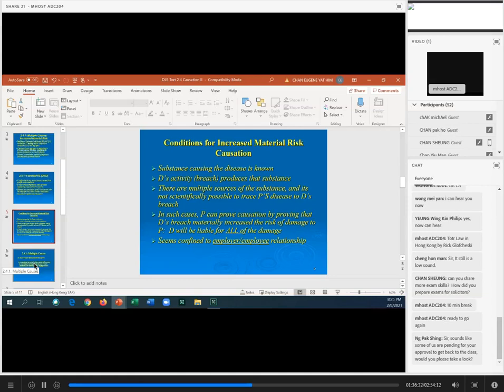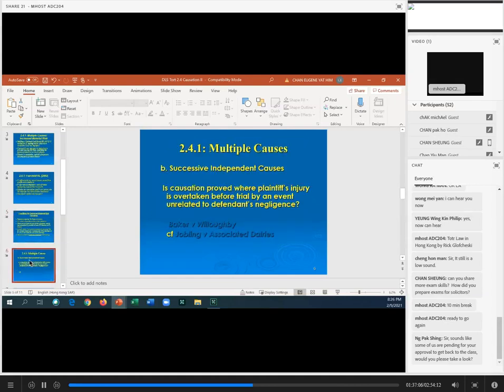Because construction sites in Hong Kong are inherently dangerous, often on very steep slopes. Also, the buildings being worked on are probably multi-story buildings. So if you fall off a multi-story building in Hong Kong, good luck. Whereas if you fall off another construction building in other countries, it may not be quite so bad. Hong Kong has more multi-story buildings than any other place in the world. I saw that somewhere. I'm not sure whether it was on Facebook. Is that true? But Hong Kong certainly has a lot of high-rise buildings. Okay, so that's the increased material risk causation.